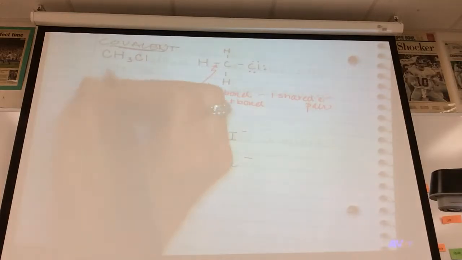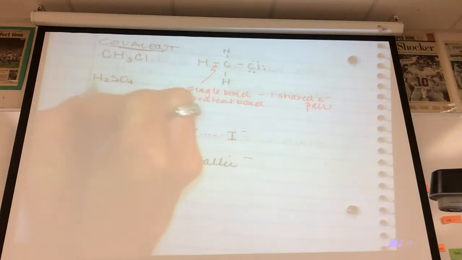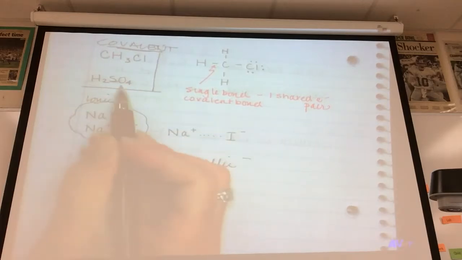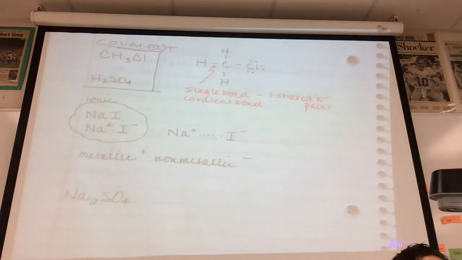If you have hydrogen sulfate, for example, this is covalent, all non-metals here. So you can have polyatomics when they hook up with H, it's covalent. Be careful, that's a common mistake kids make. And I know there was a question in regard to it last year on an AP exam. We'll take a look at it in a bit.